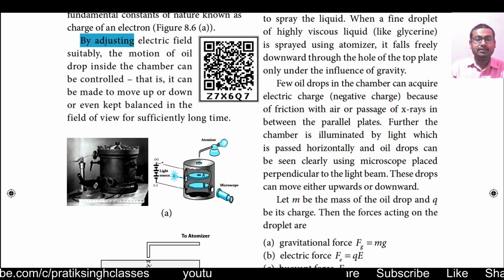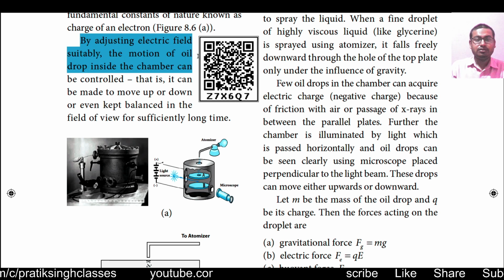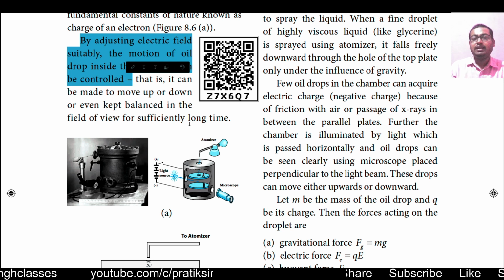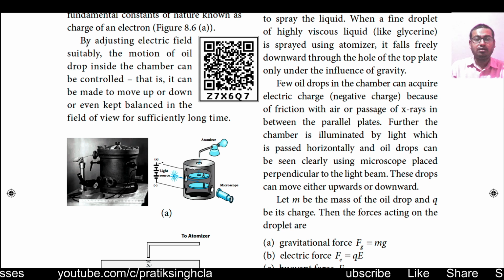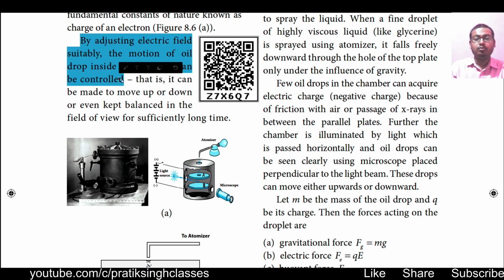By adjusting the electric field suitably, the motion of the oil drop inside the chamber can be controlled. We know very well that whenever any object falls from top to bottom without any net force acting on it, the gravitational force acts on it in the downward direction, and the object falls with the gravitational acceleration, that is 9.8 meter per second square.